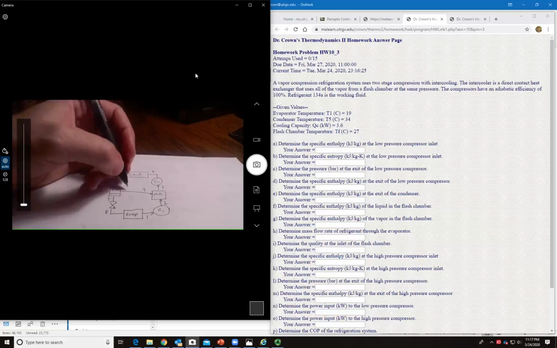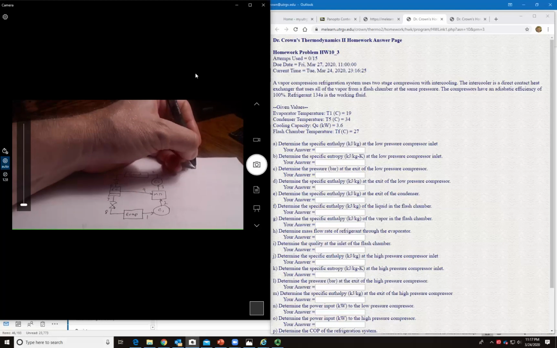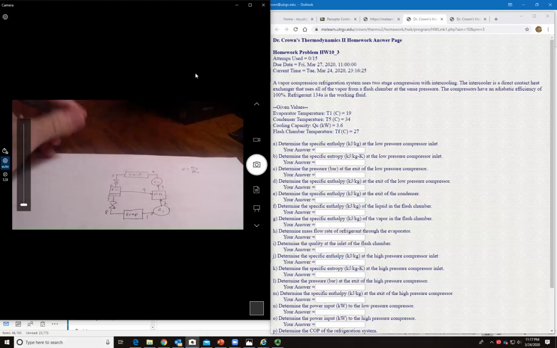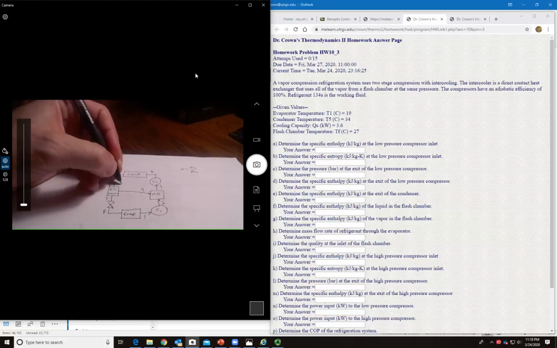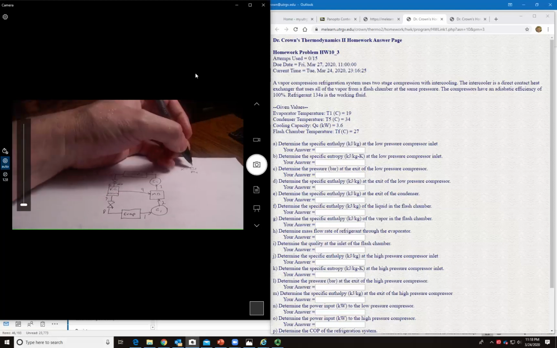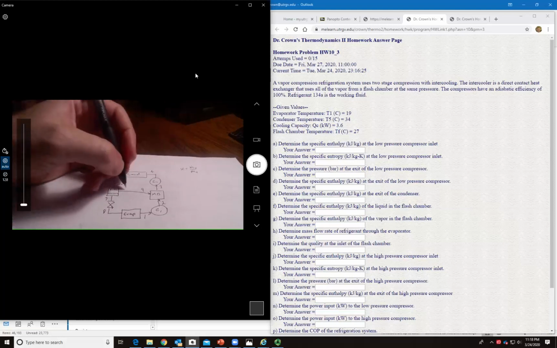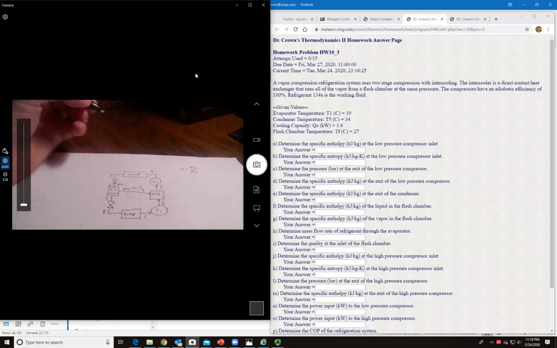So quality is defined as the mass of the vapor over the total mass, and we could look at those as rates if we wanted to. So if this m dot 6 is coming in here, then the fraction of that which is vapor would be this. So what we want is that vapor, so this m dot 9 would equal m dot total times x.